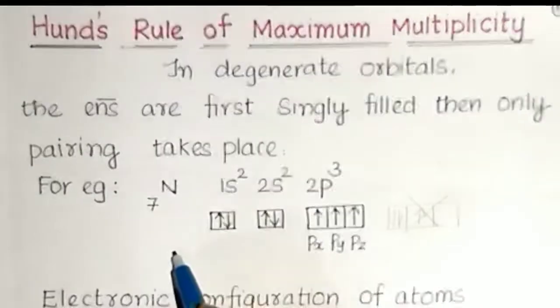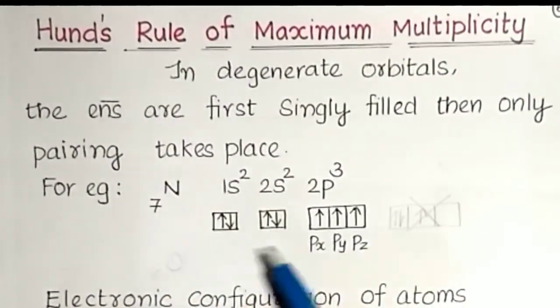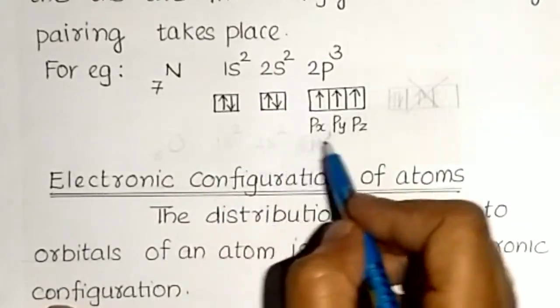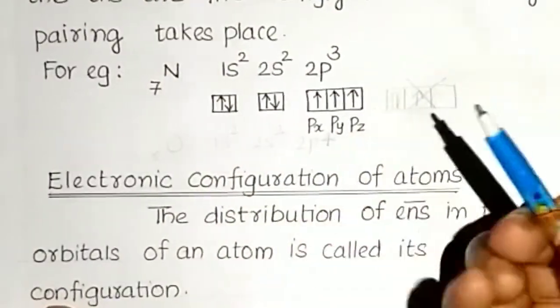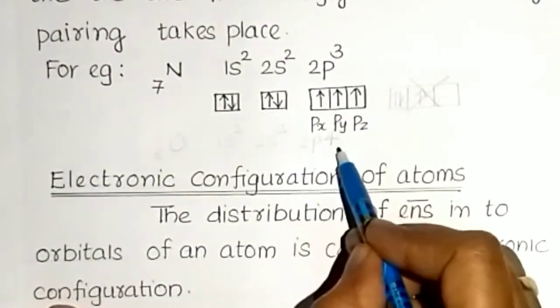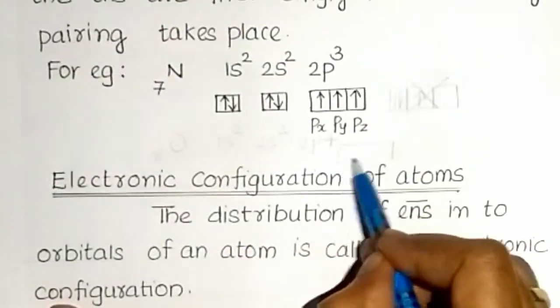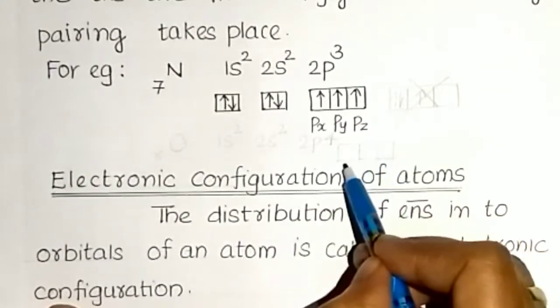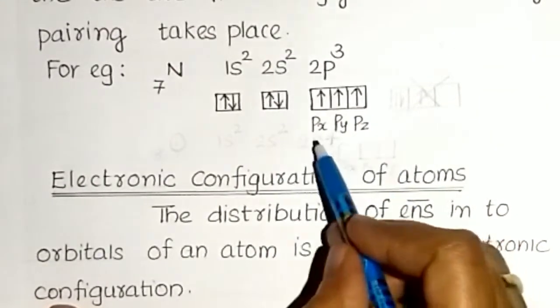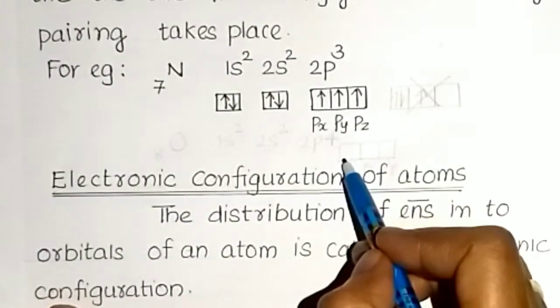Another example is oxygen, atomic number 8. In this case, we can write 1s2, 2s2, 2p4. Then for the orbital diagram method for this 2p4, 2p has 3 possible orientations, px, py, pz. In my hand 4 electrons are there.